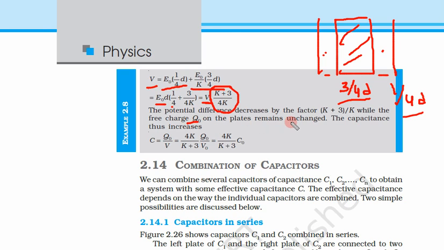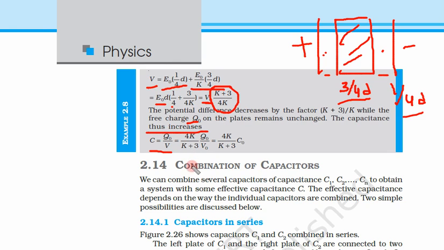But this potential difference will be decreased. Now let us see the capacitance. Even though voltage or potential has been decreased, the capacitance will increase. The new capacitance is equal to Q by V, because the free charges on these plates will remain the same, only charge density will be affected.